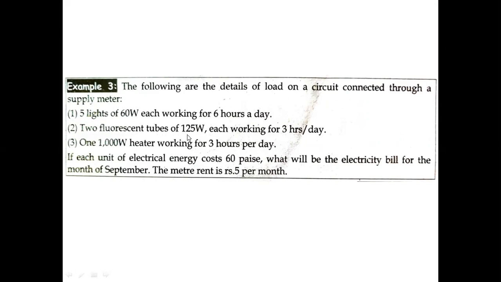The 2 fluorescent lamps of 125 watts each working for 3 hours per day. 5 lights of 60 watts means load is 5 into 60, 300. That is per day, 6 into 300 is 1800.